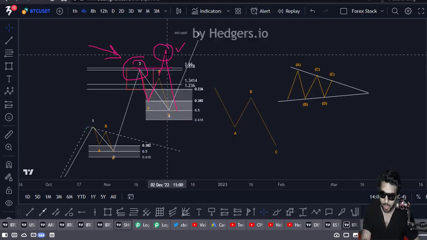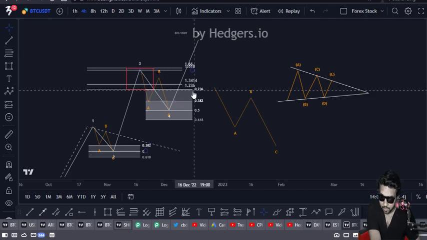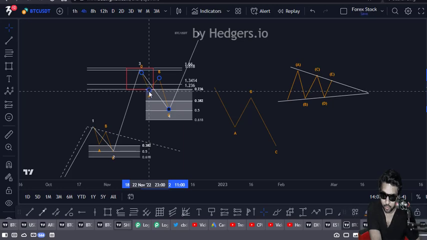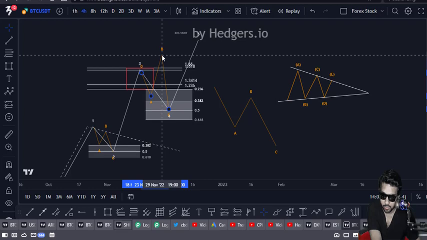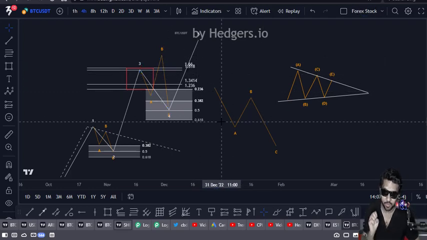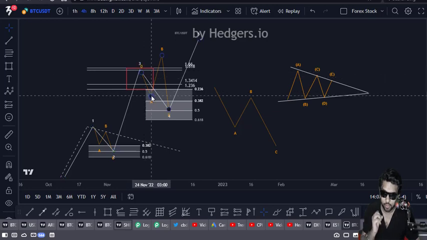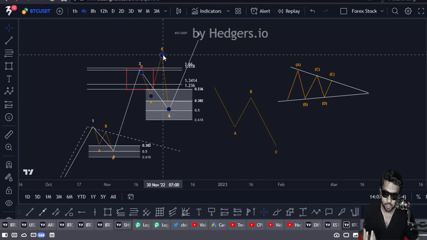What usually happens is the A wave moves from the 236 point towards here. That is your confirmation that there is a high probability price is moving between 236 and 382, and it's going to pump towards the expanded flat.